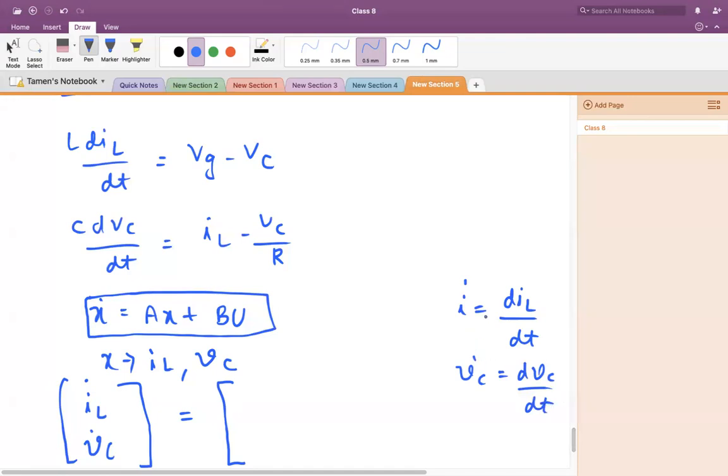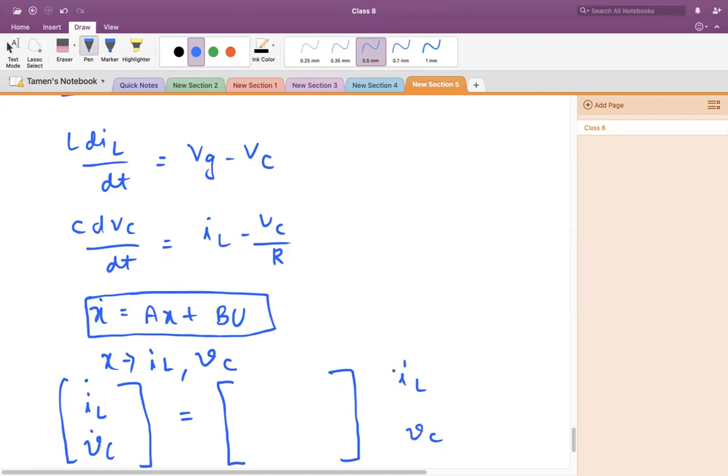Understood, right? So now we'll write it in terms of IL and Vc. So dIL by dt in terms of IL, tell me what will be the value?